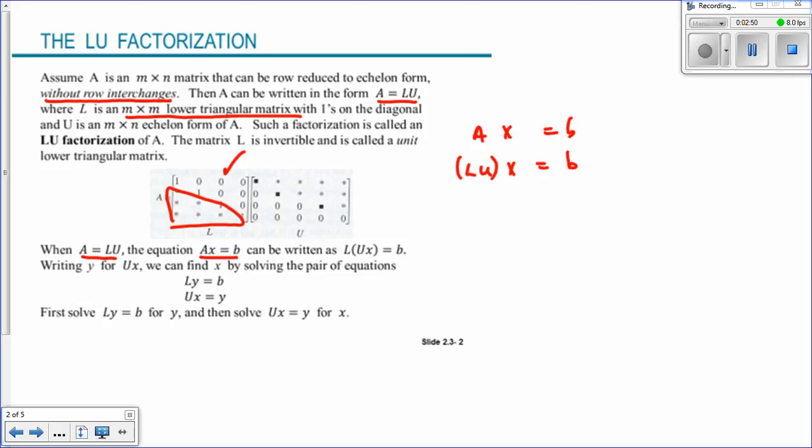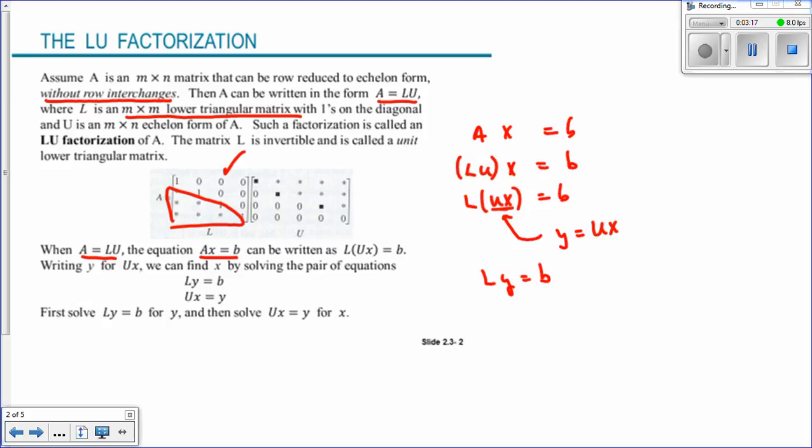Okay, and then we're going to rearrange it a little bit, and we're going to solve L times Ux = b by doing a series of two things. We're going to first find this Ux. We're going to let y be equal to Ux. And then once we get that, we're going to replace the Ux here with the y. And so the first system we actually solve is Ly = b.